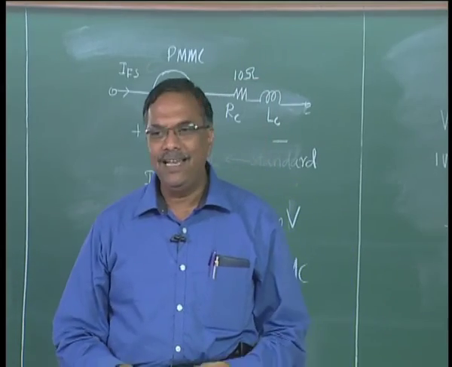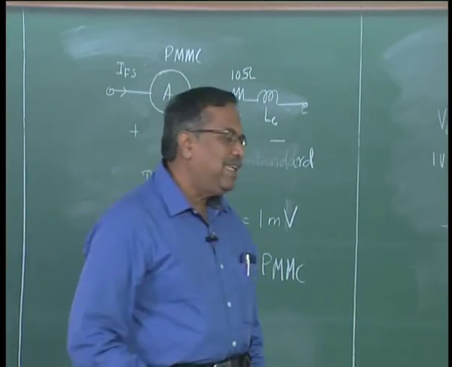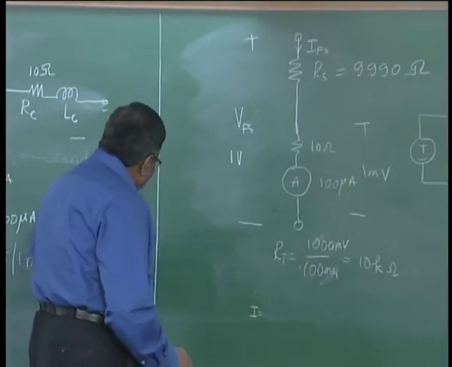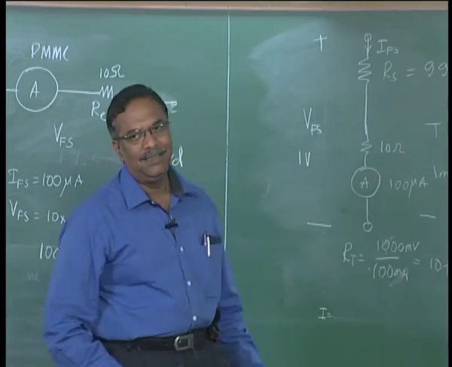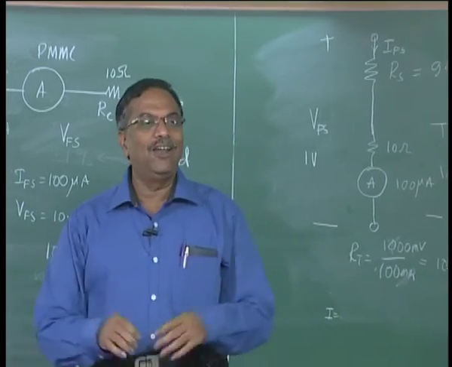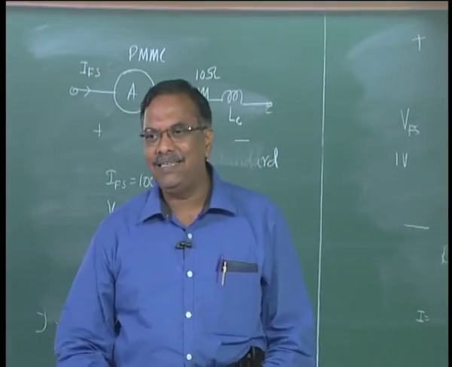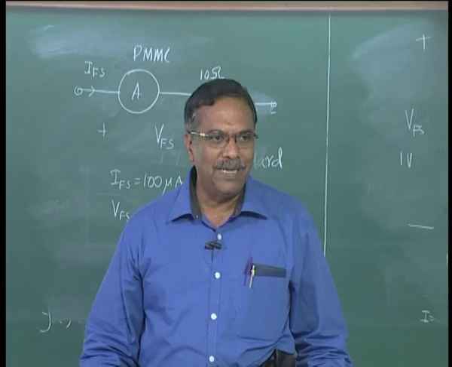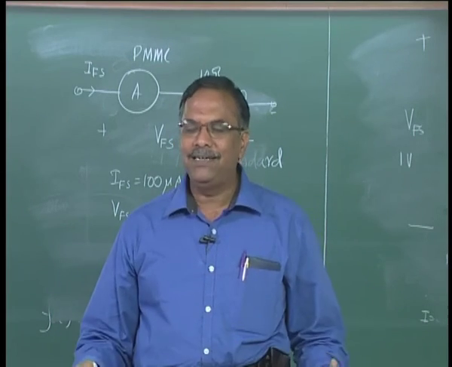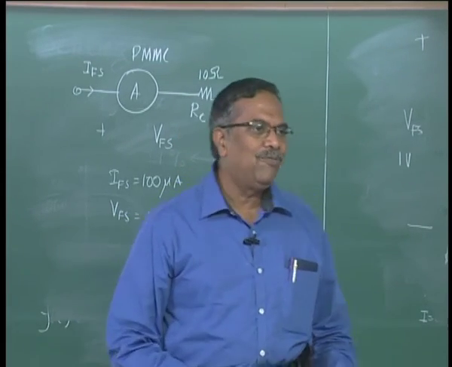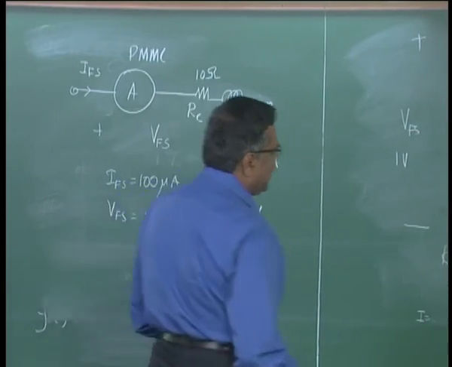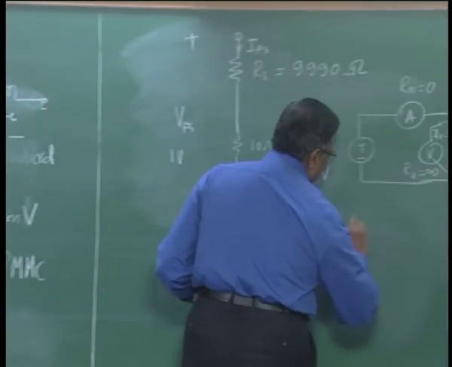So it is not an ideal voltmeter. So, how do I specify that there is a non-ideality, that it is not an ideal ammeter, not an ideal voltmeter? People in the earlier years came up with a specification called figure of merit.